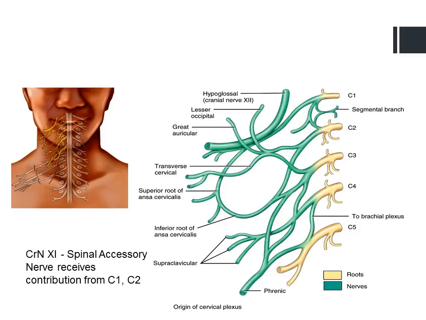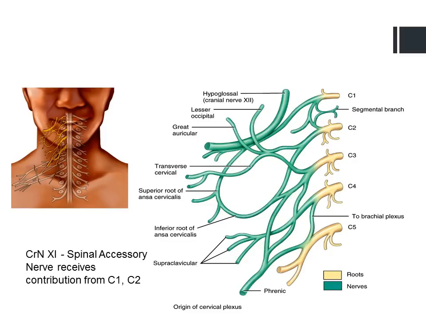So, for example, the infrahyoid muscles, such as the omohyoid, the sternohyoid, and the sternothyroid muscles, are served by some of the upper C1 through C3 nerve roots.